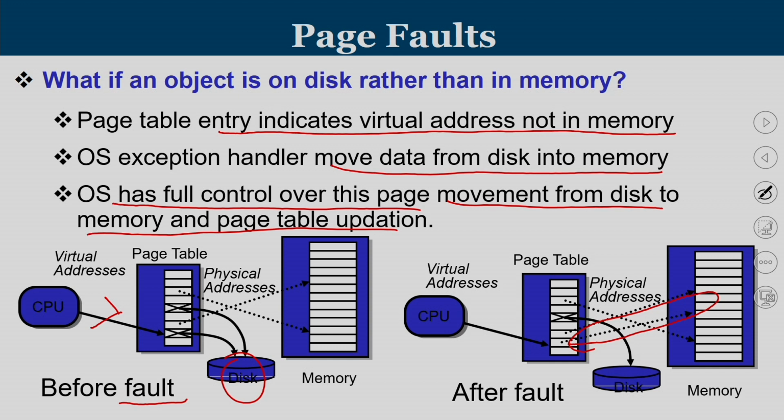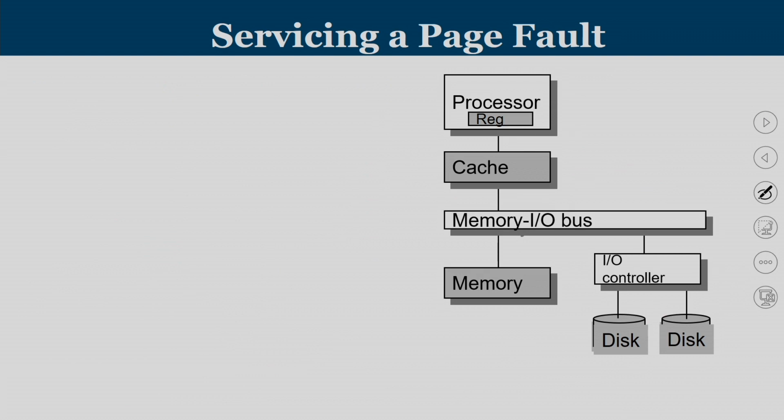The operating system takes over whenever there is a page fault, finds a space inside main memory, and the block is moved from the disk into the main memory with proper updation in the page table. So when you access after the page fault, you can now see that a mapping exists, a new main memory block is assigned to this, leading to further execution of the missed address. Now, how are you going to service a page fault?